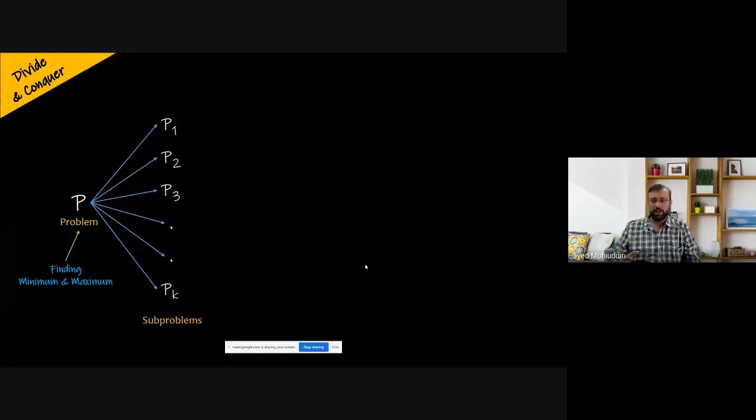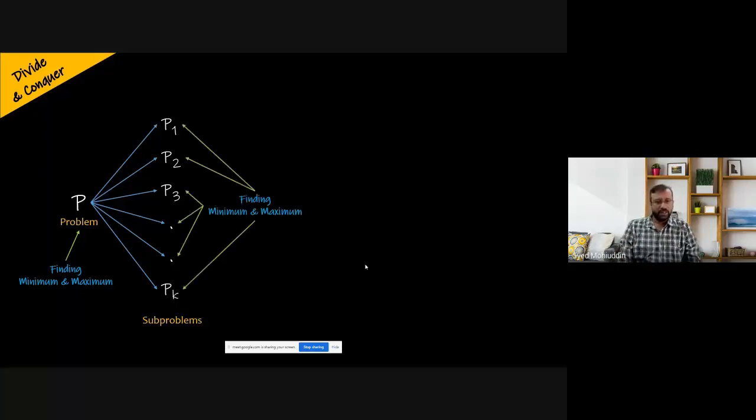P1 also should find the minimum and maximum from a small collection. P2 should also find the minimum and maximum from a small collection. So problems P1, P2, P3 are also problems of finding minimum and maximum.